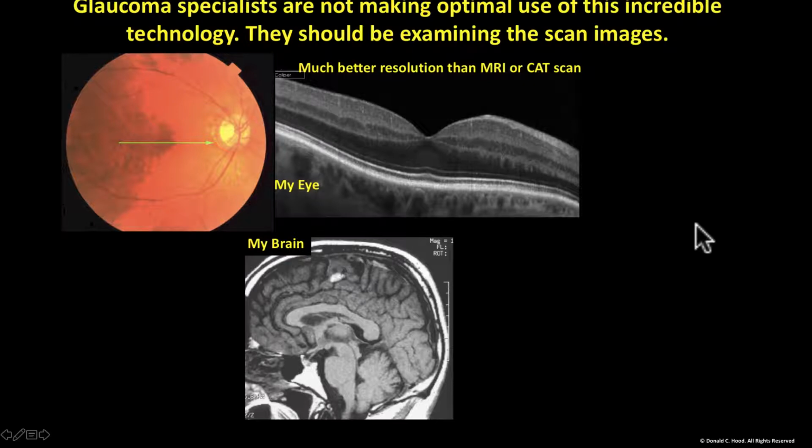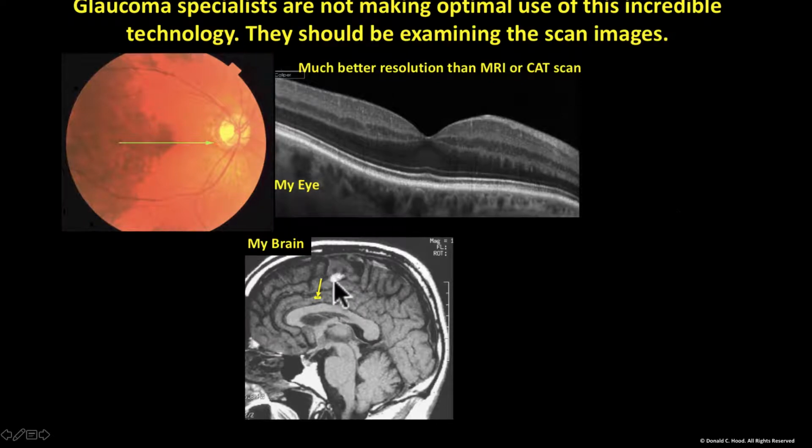And to make the point that the resolution here is about 100 times better than the resolution of an MRI scan. To illustrate that, if I took this and scaled it down, this is how much room this would take here. And if you blew this up, you'd see nothing but gray. Right? 100 times better resolution.